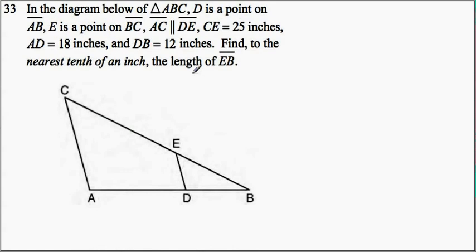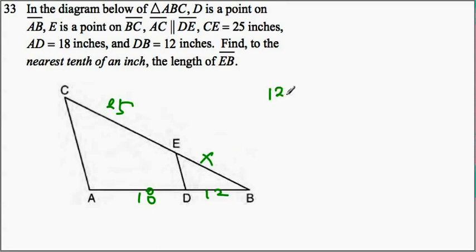Number 33. So we have triangle ABC. These are parallel, and then CE, which is this portion, is equal to 25, and then AD is equal to 18, and DB is equal to 12. Now this is a similar triangle question. Find to the nearest tenth the length of EB. So why don't I call that x?